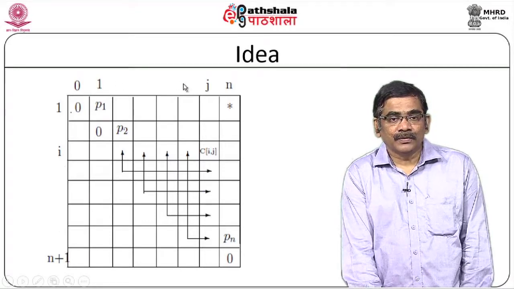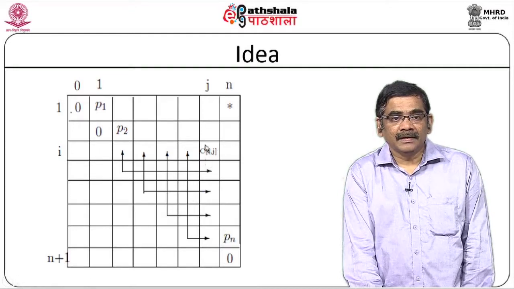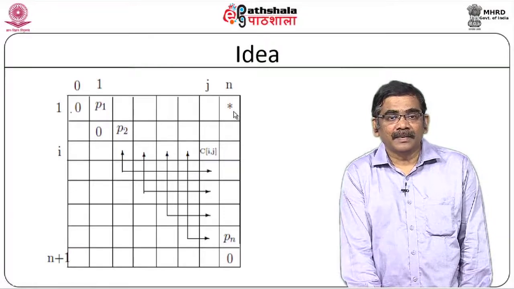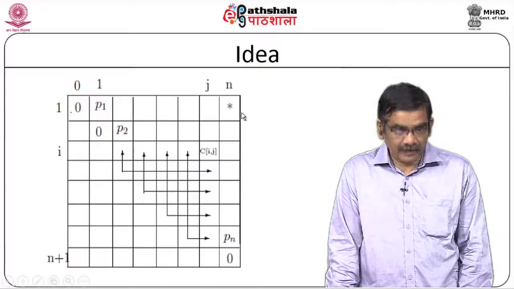You can see P 1, P 2, P n, the various probabilities that are associated with the given elements, and we are going to compute C of i comma j, and finally, C of 1 comma n is going to contain the minimum cost that is required for establishing this. This is the idea behind the whole thing.